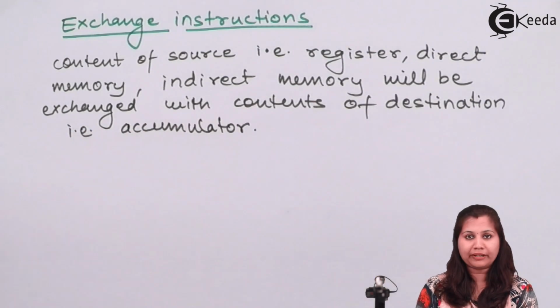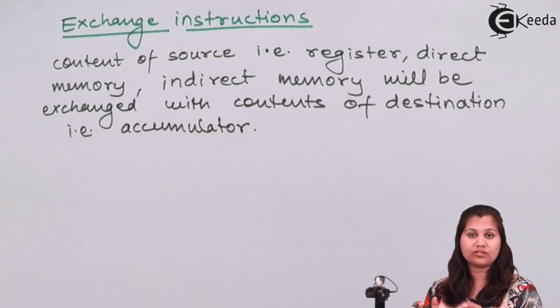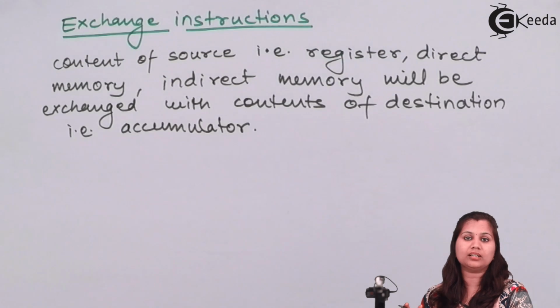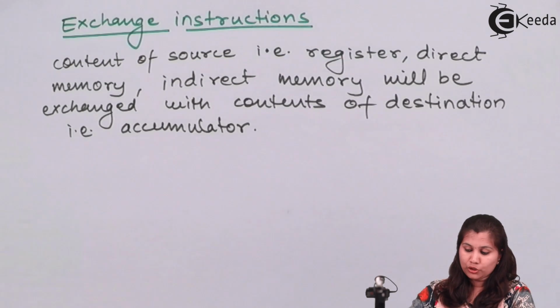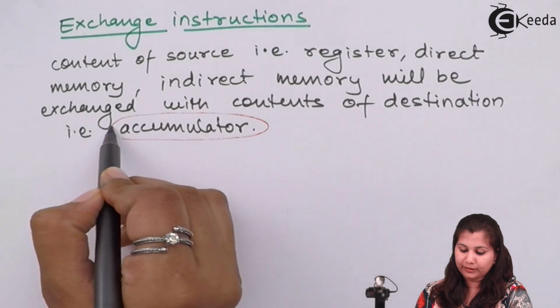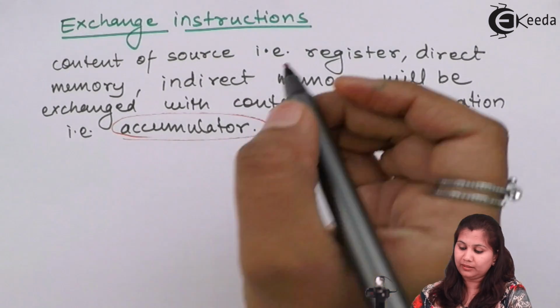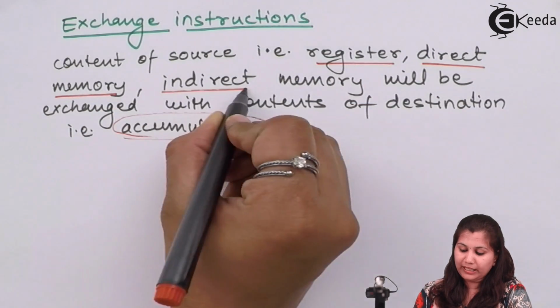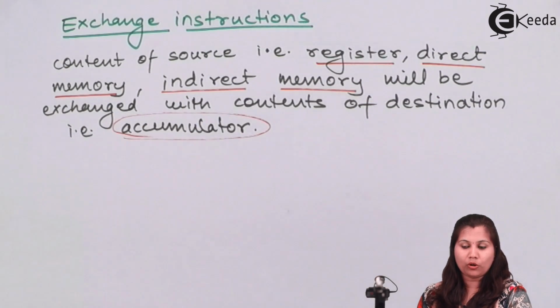Now in the 8051 microcontroller, this exchange of contents is done only with the accumulator. Okay, so the destination will be the accumulator, and the source can be a register, a direct memory, or an indirect memory.